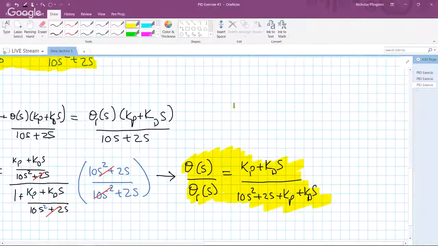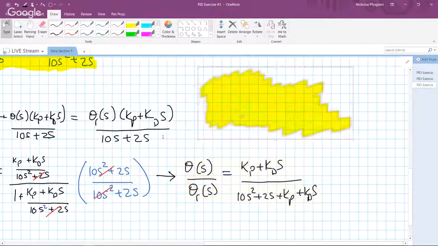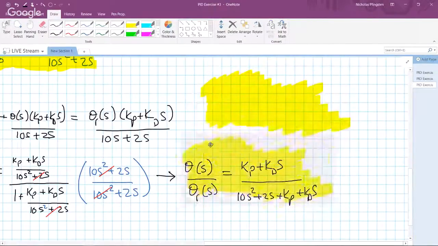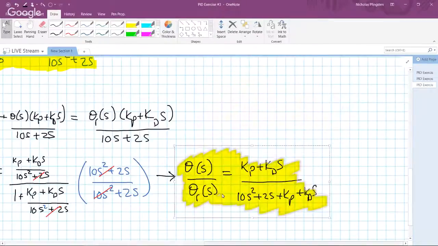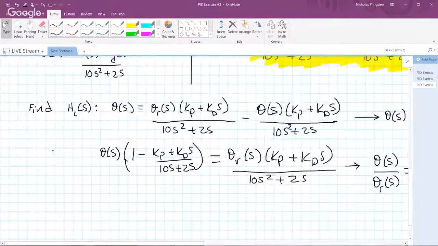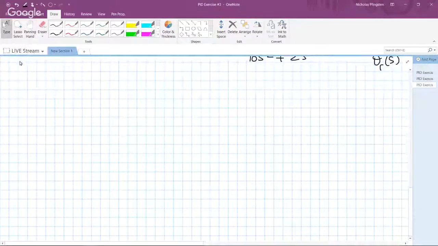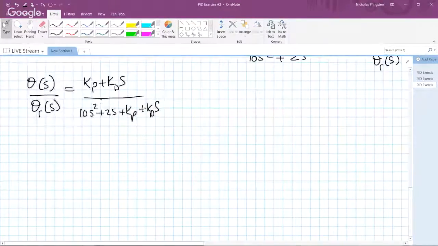So now what we can do with this, we can take that transfer function and set up the denominator into standard form.